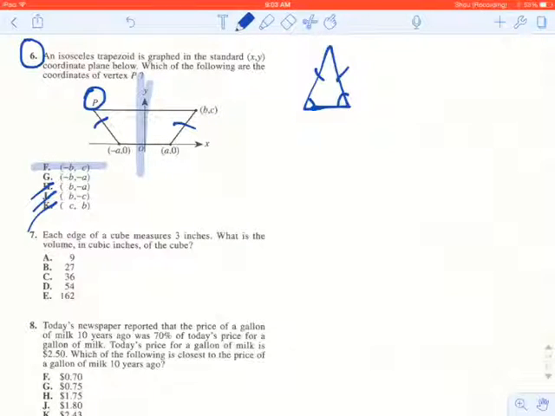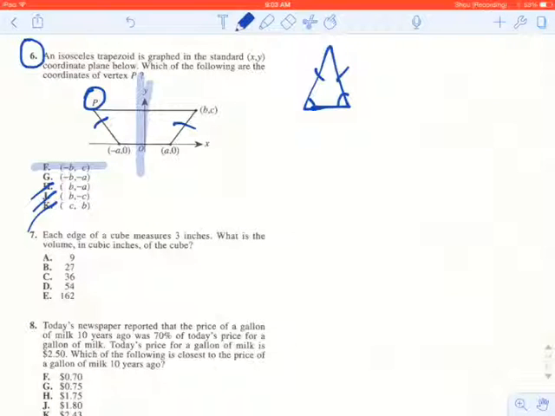Another important point is that ACT will tell you not to assume that any drawings or diagrams are to scale, but in many cases they have to be. There's absolutely no other way to draw an isosceles trapezoid that's going to come out the right way. So you can pretty much use your common sense if that's a helpful route for you to go to see what makes sense.